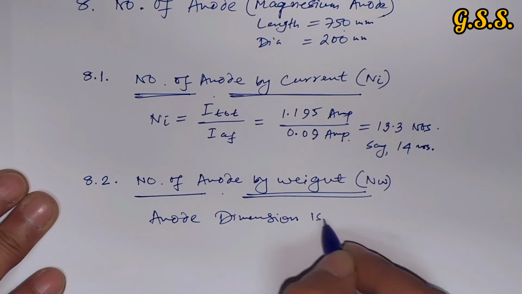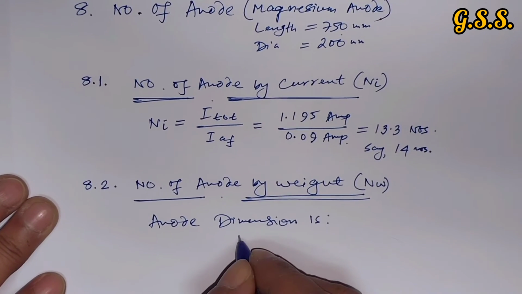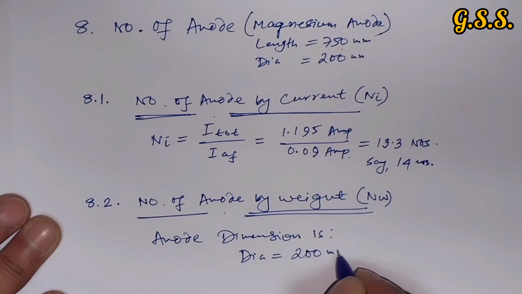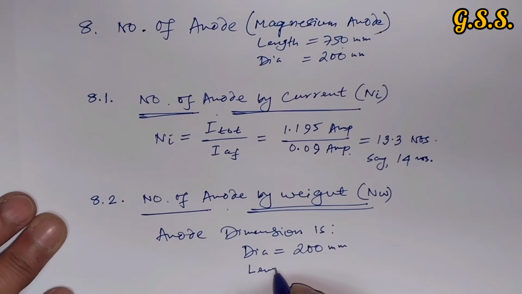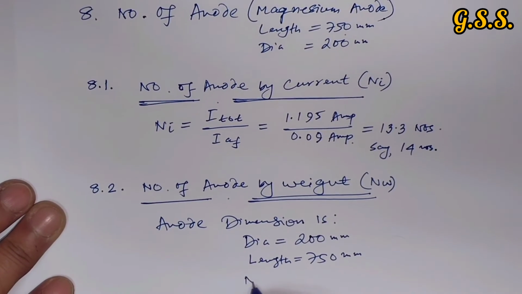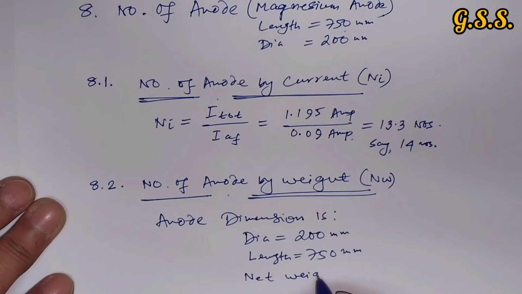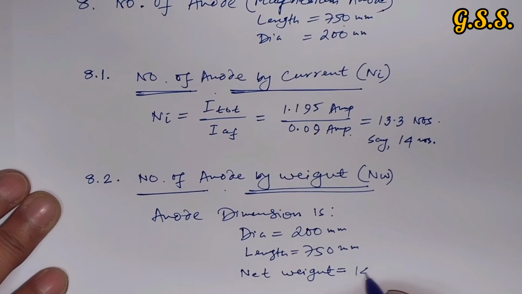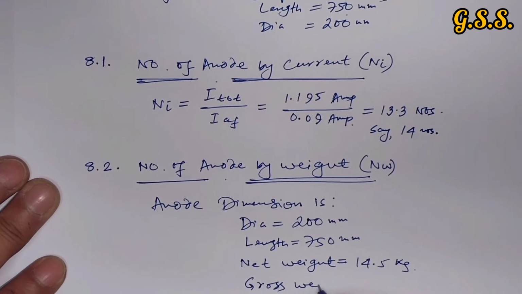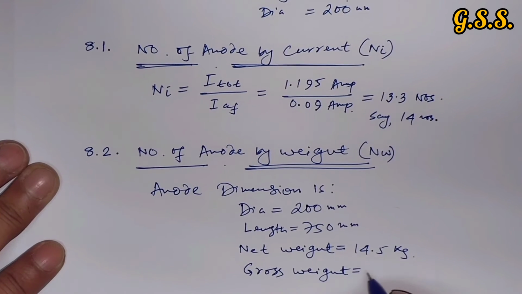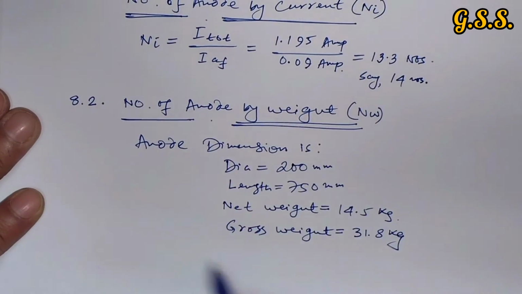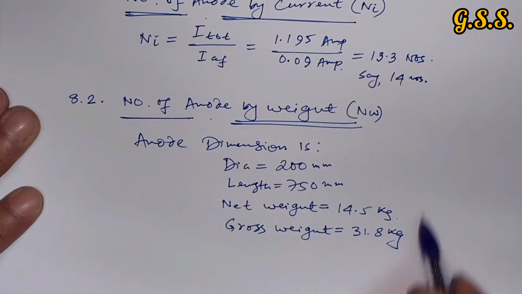Anode dimension is anode dia equals 200 mm, anode length equals 750 mm, anode net weight equals 14.5 kg, and anode gross weight equals 31.8 kg. This anode data is received from the vendor.